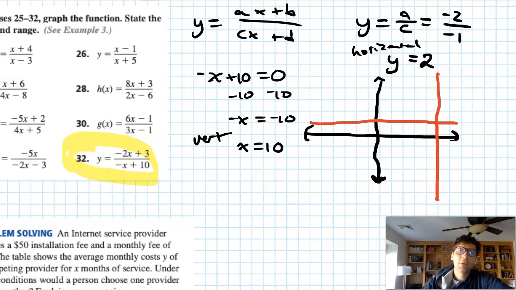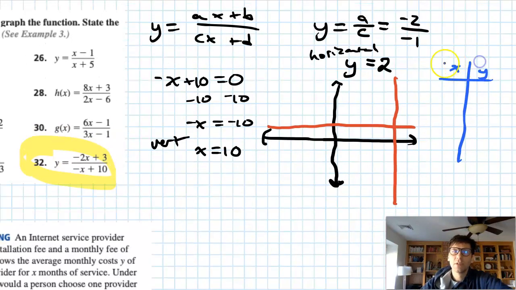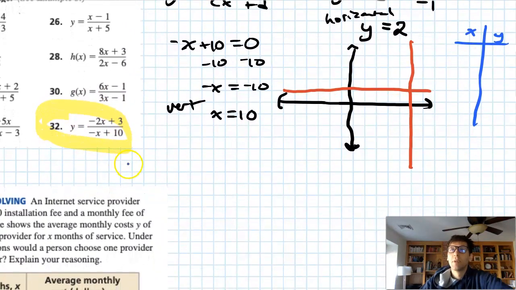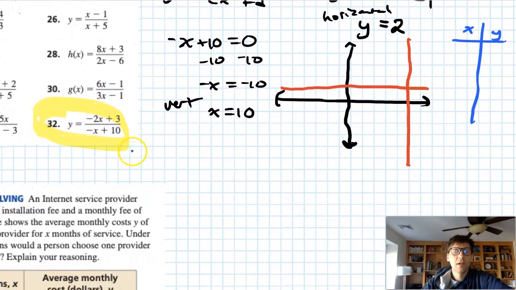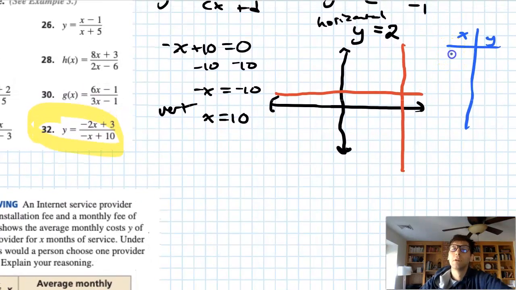And then what I would do is plug in a few values for x and see what I get out for y. If I plug in 7, I would get out negative 11 thirds. If I plug in 8, I would get out negative 13 halves.